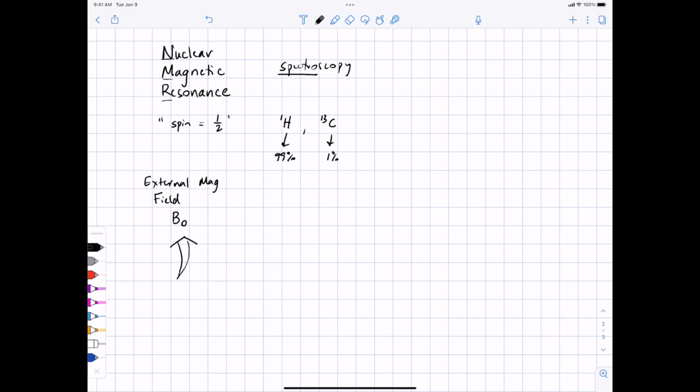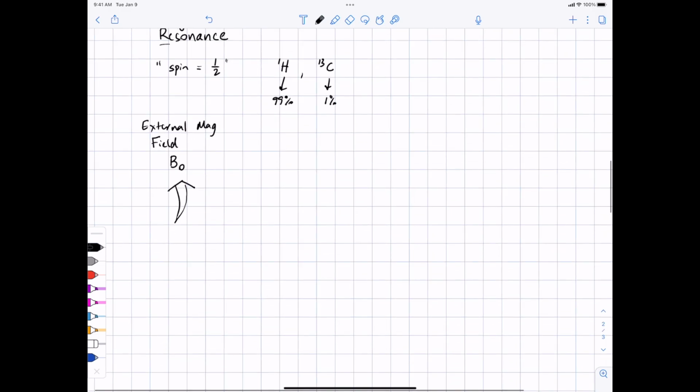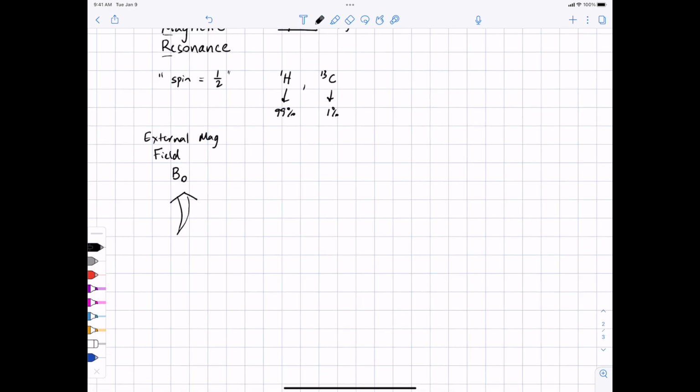So in the presence of an external magnetic field, which is a vector quantity, there are two possible spin states that a nucleus like hydrogen or carbon 13 can adopt.